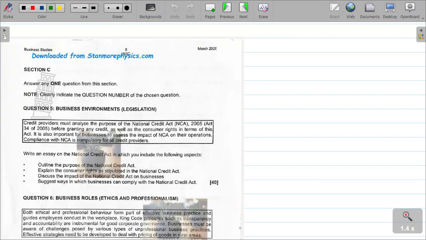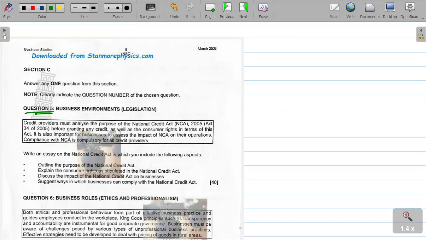So question 5, business environments. Credit providers must analyze the purpose of the National Credit Act, 2005 Act 34 of 1995 before granting any credit, as well as the consumer rights in terms of this act.